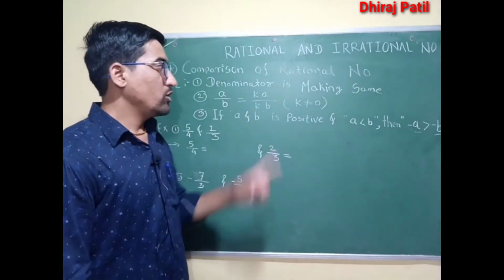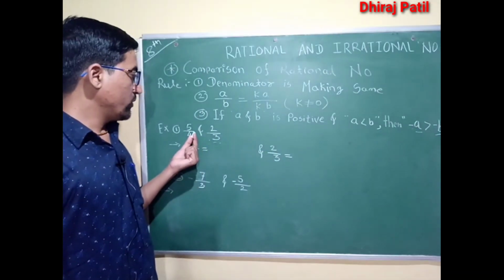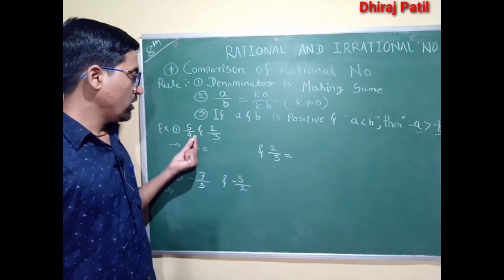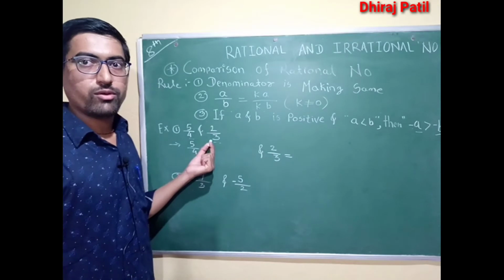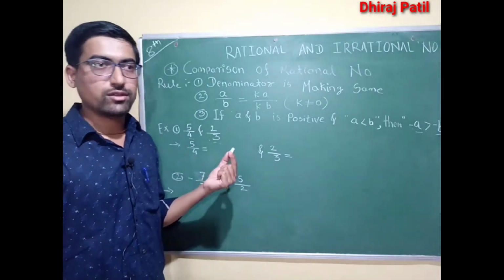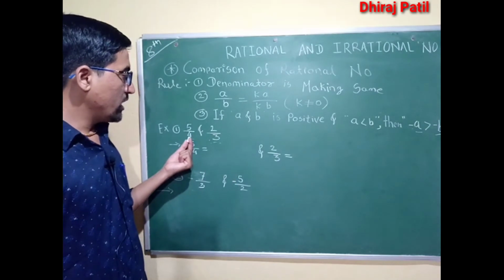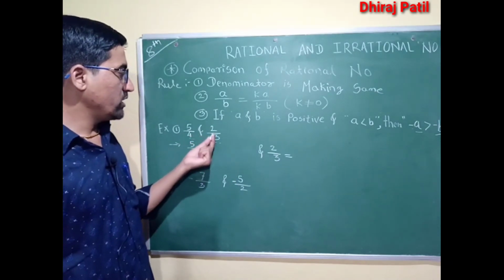Using these three rules, I have to solve some examples. For example, one number is 5 by 4 and the other is 2 by 3. These are our two numbers. We have to compare which number is more and which is less. We see that our denominator here is 4 and here is 3.